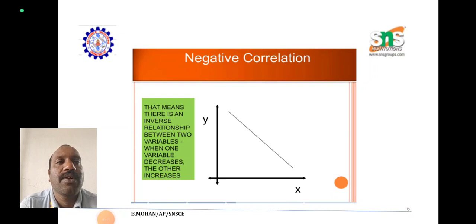In a negative correlation, the two variables are going only down, to lesser values. That is called a negative correlation. So in this first type, there are two kinds: positive correlation and negative correlation.